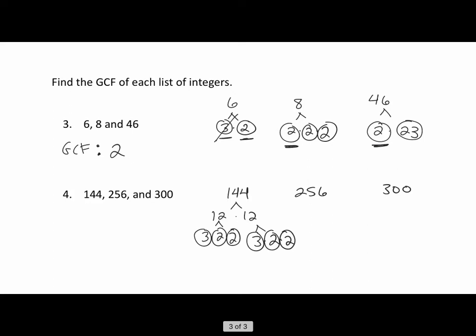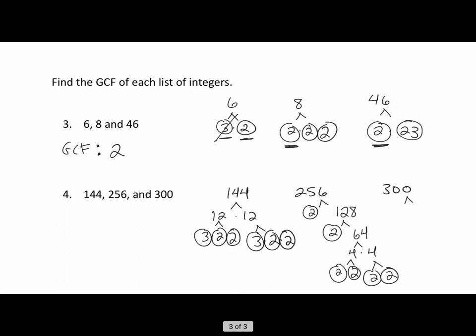So 3 times 2 times 2 times 3 times 2 times 2, those are the prime factors of 144. 256, that's an even number, so I could divide that by 2. That goes in 128 times, which also divides by 2. That goes in 64 times. 64 is 4 times 4, and 4 is 2 times 2, so a whole bunch of factors of 2 here. 1, 2, 3, 4, 5, 6 factors of 2.